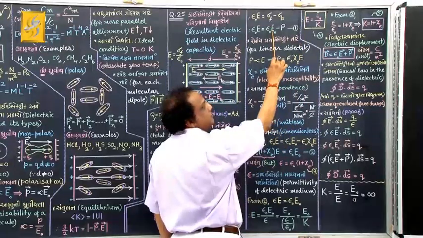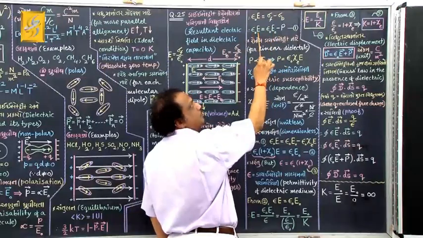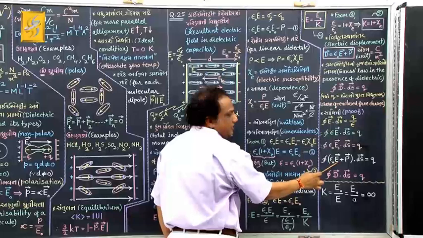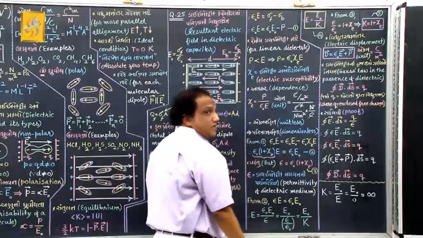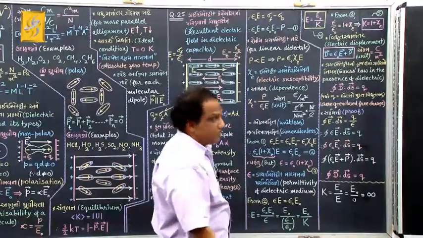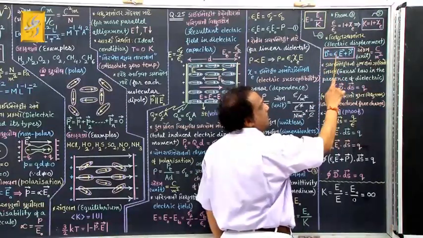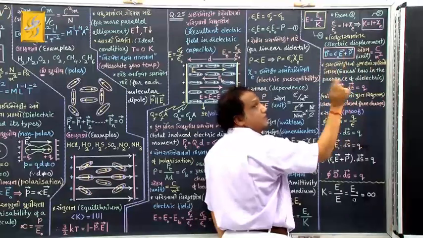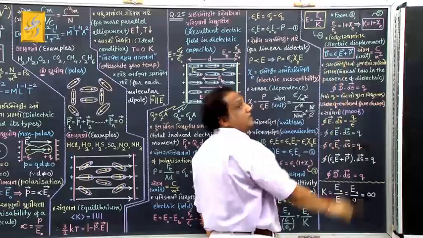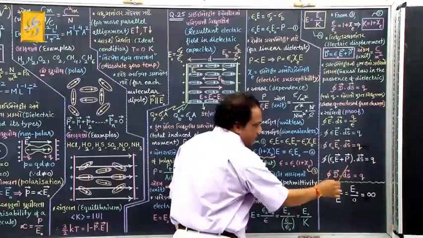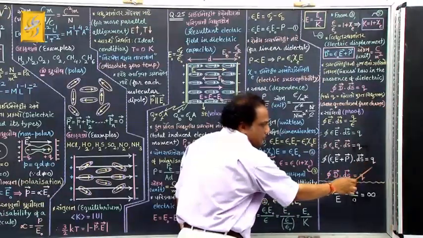Make this term the subject of the equation, then transfer, and epsilon 0 into vector E0 will be epsilon 0 into vector E plus vector P. Epsilon 0 into vector E plus vector P dot vector ds equals Q. But tell me, how did you define the electric displacement vector function? Like this, by the symbol vector capital D. What was that? Epsilon 0 vector E plus vector P. Now speak in reverse. Wherever you find epsilon 0 vector E plus vector P, you may replace it by the symbol vector capital D. So replace this by vector capital D dot vector ds, and that equals Q.